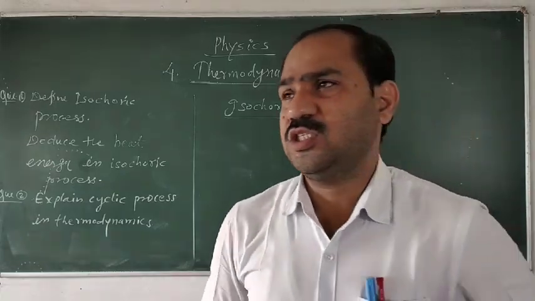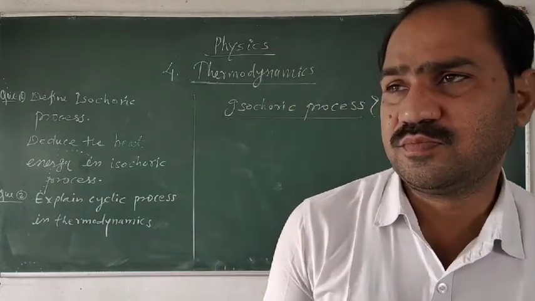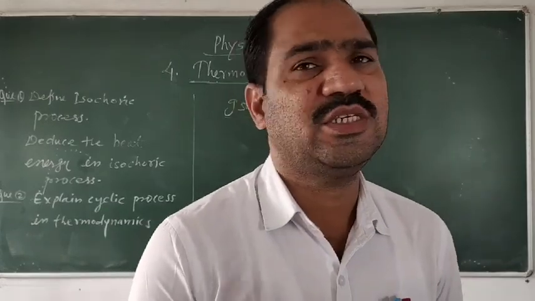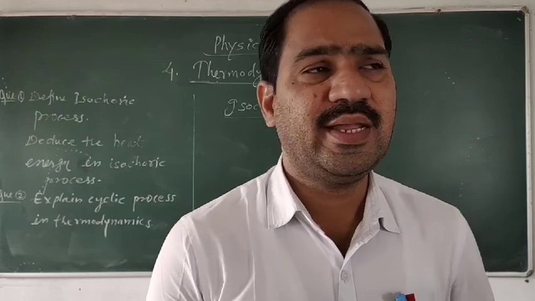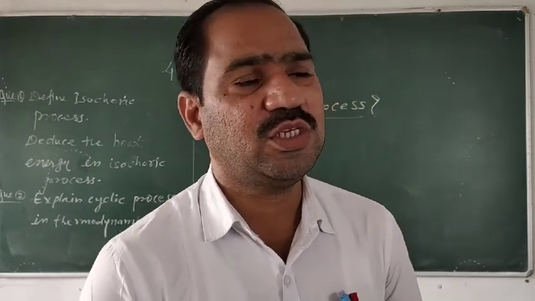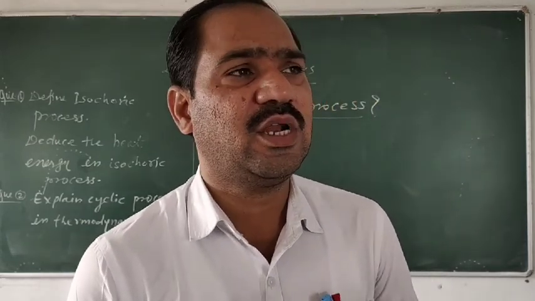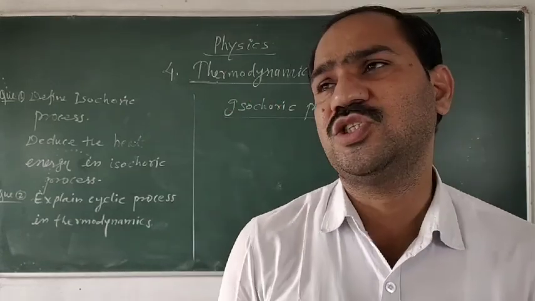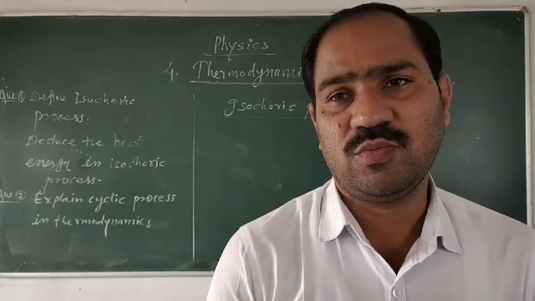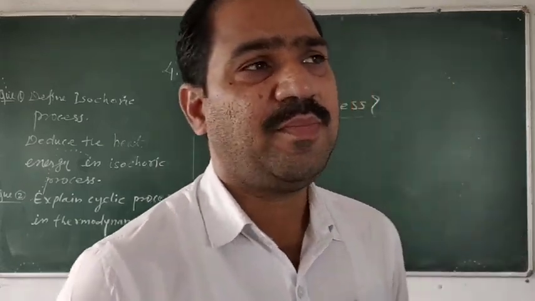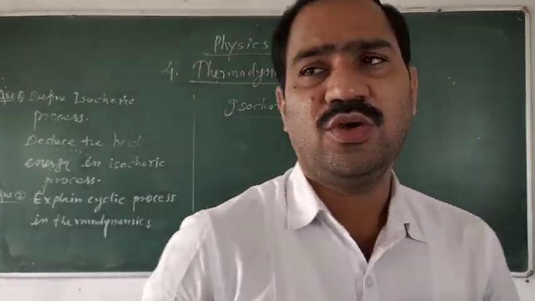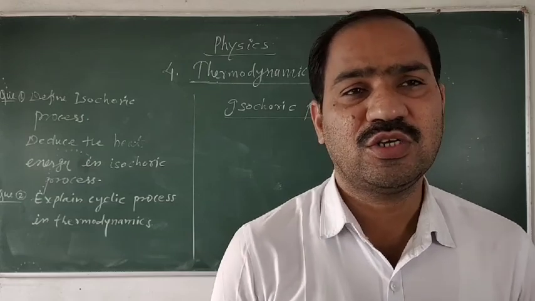In the isochoric process, if the system undergoes some changes but at constant volume, then that type of process between the system and surrounding, or within different parts of the system, is called the isochoric process. Means the isochoric process can be defined as the process which occurs at constant volume.